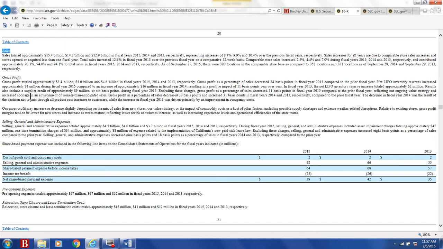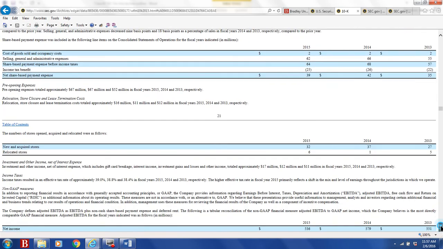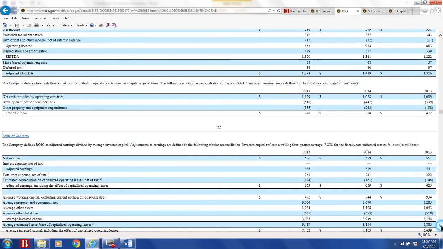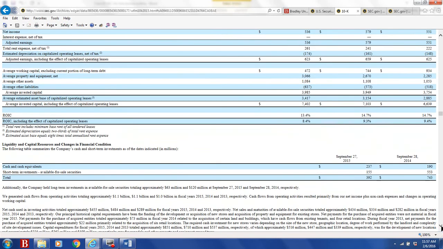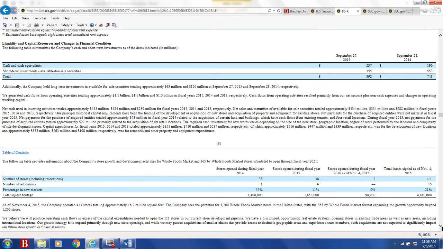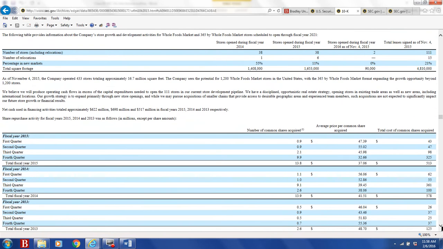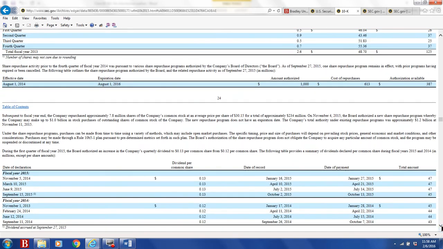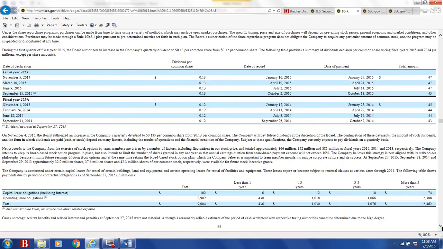There's a discussion about sales, a discussion about gross profit, a discussion about selling, general, and administrative expenses. So many of the items that we see numbers of in the financial statements, in the management discussion and analysis the company goes into further detail about those.